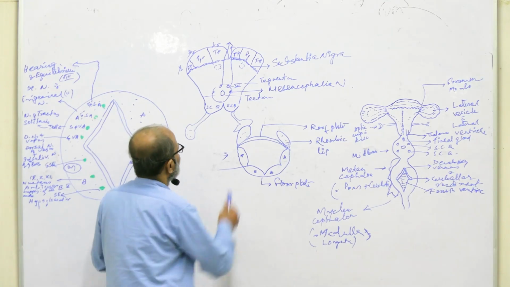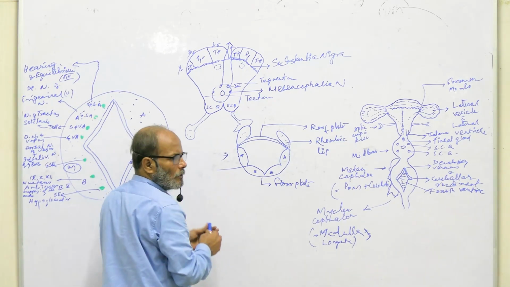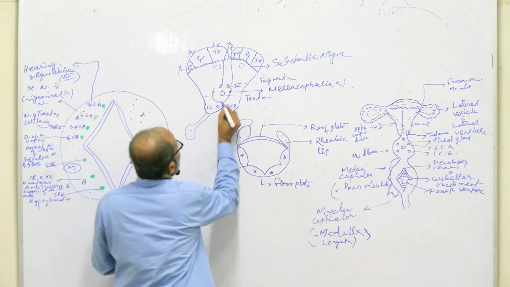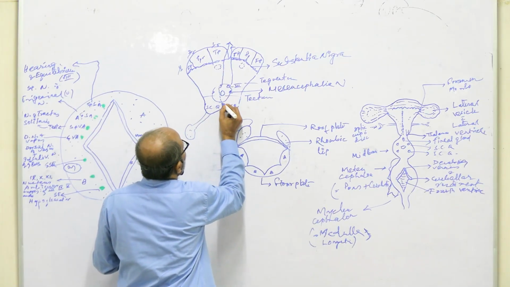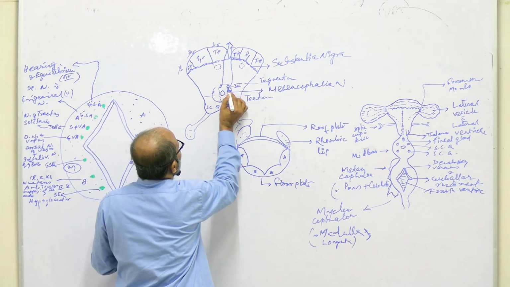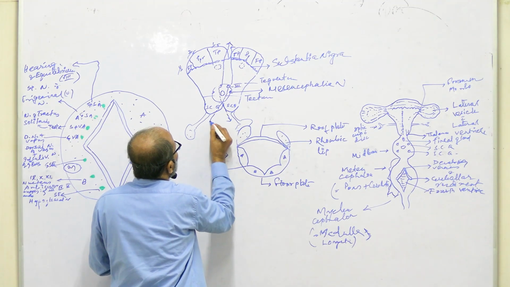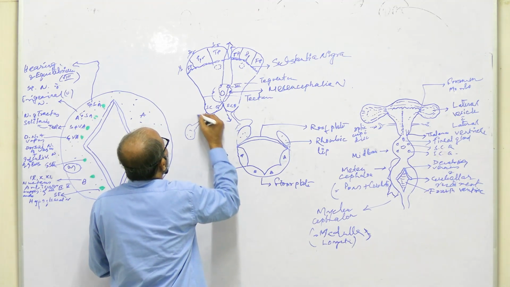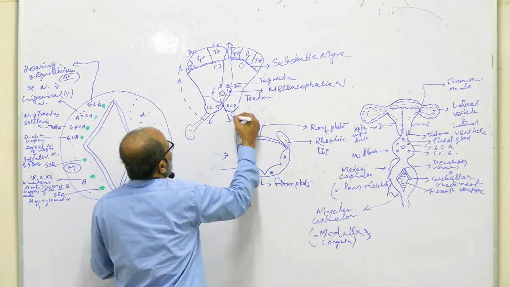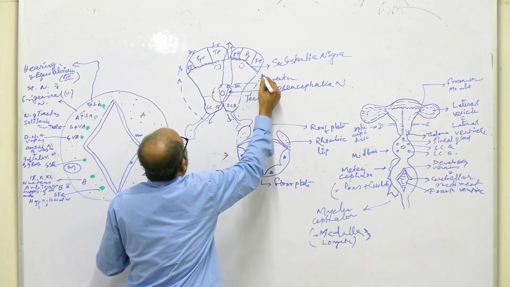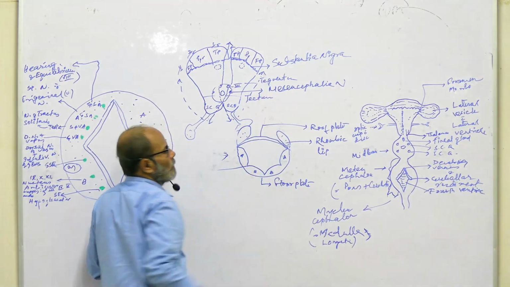So suppose this is the trochlear nerve nucleus. In case of the fourth nerve, these fibers will come after crossing through the dorsal part, and then it will wind round and come to the frontal part.